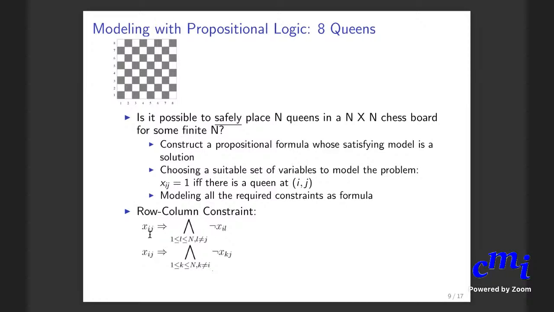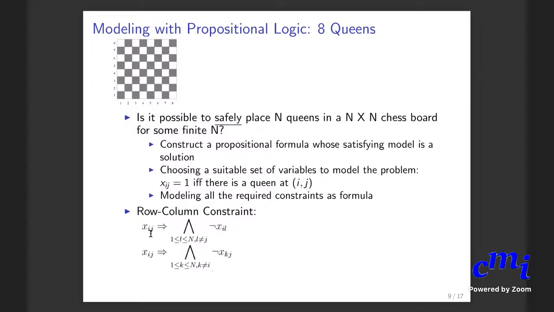So if Xij is true, that is, if there is a queen, these two constraints model the row and the column constraints of the 8 queens problem. If you have placed a queen at location ij, row I, column j, then you cannot have any other queen in the same column for it to be safe, and that's what this expresses.